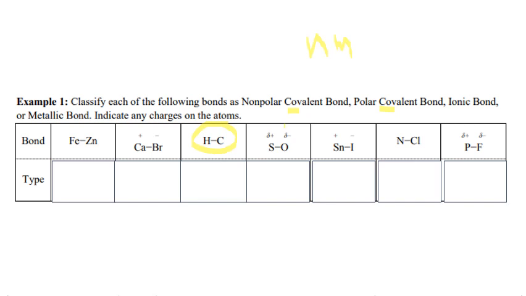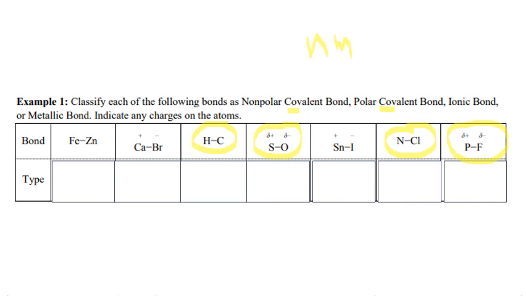Same thing here, sulfur and oxygen. Those are both nonmetals. There's two more: chlorine and nitrogen, nonmetal; phosphorus, fluorine, nonmetal. So right away we know those are going to be some sort of covalent bond.